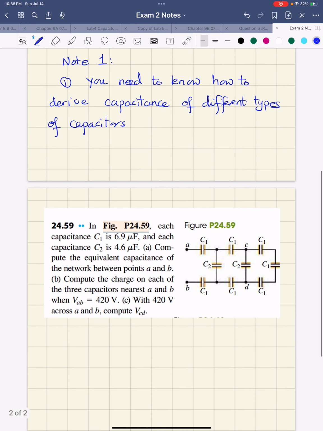Of course, we're gonna use for this the general equation Q divided by VAB.